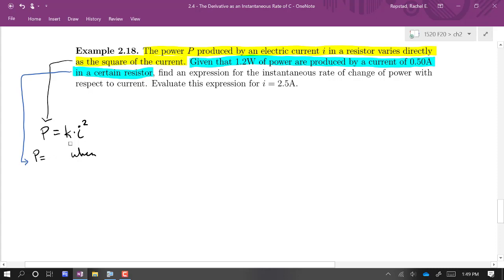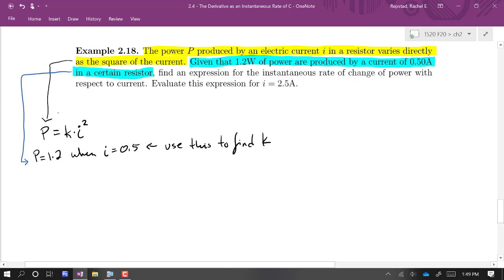Watts, that's power. 1.2 when I is equal to 0.5. And we can use this to find K, which will give us the specific function of P in terms of I.